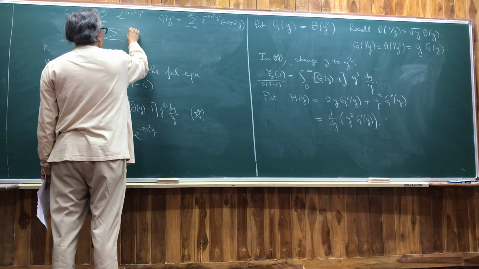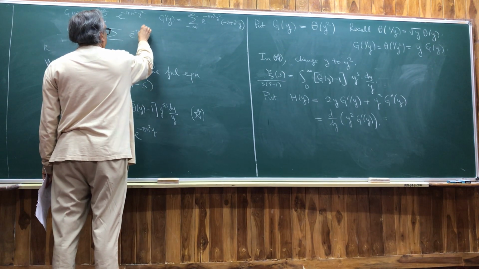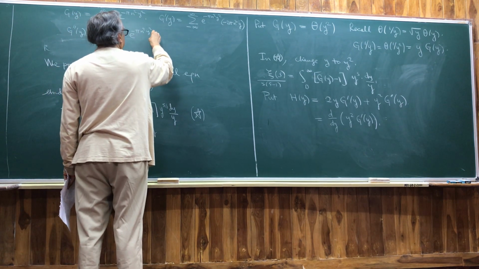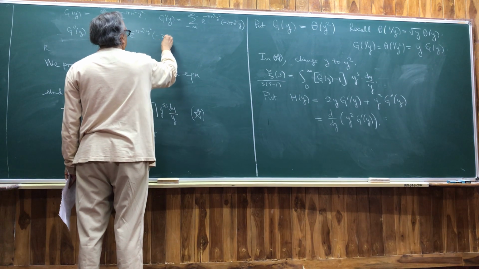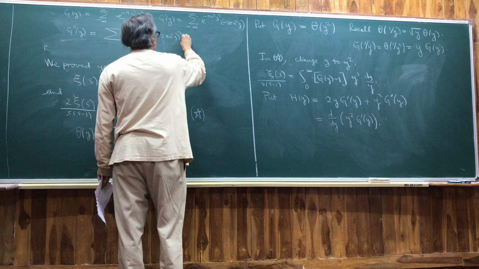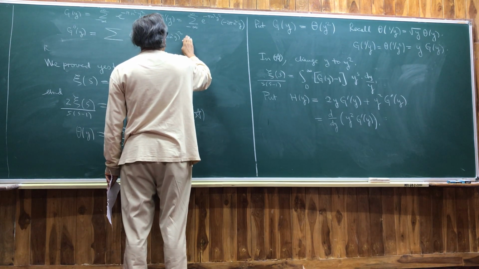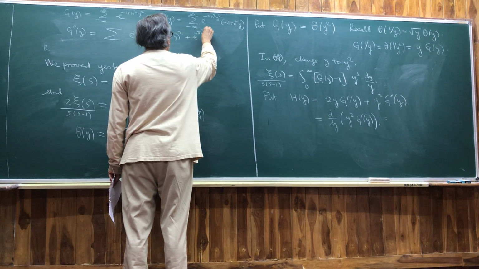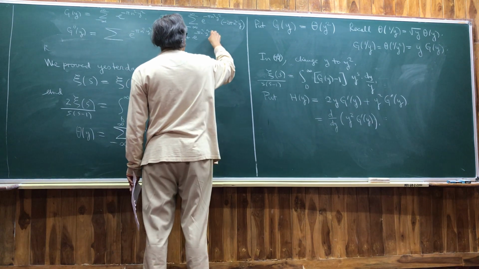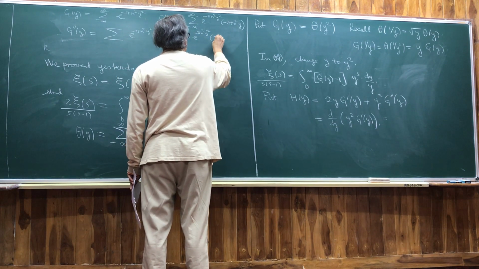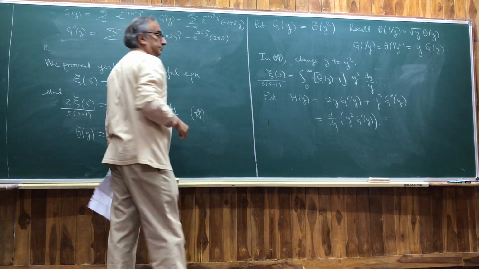Well, it's going to be e to the minus pi n squared y squared times minus 2 pi n squared y squared, plus e to the minus pi n squared y squared times the derivative of this thing, right? It's a minus 2 pi n squared.